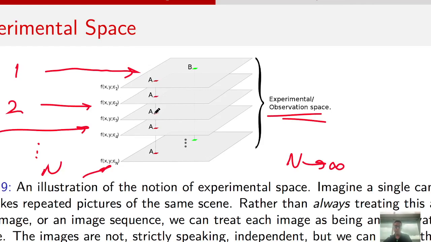In this particular experiment, we take the intensity here, and from that intensity we subtract the mean intensity that we've calculated at location A. We take that deviation and multiply it by the deviation that we calculate at location B. Okay, so we have a product.